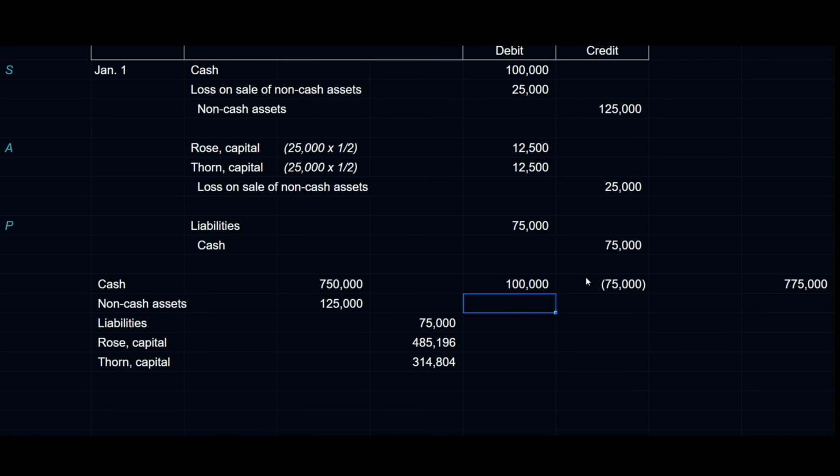The non-cash assets were removed. They were sold. So what would be left there is nothing. So on the asset side of the balance sheet, all we have is cash. The liabilities, well, they were just paid, weren't they? So our liabilities are equal to 0. And our capital accounts were reduced slightly as a result of the loss on the sale of the assets.